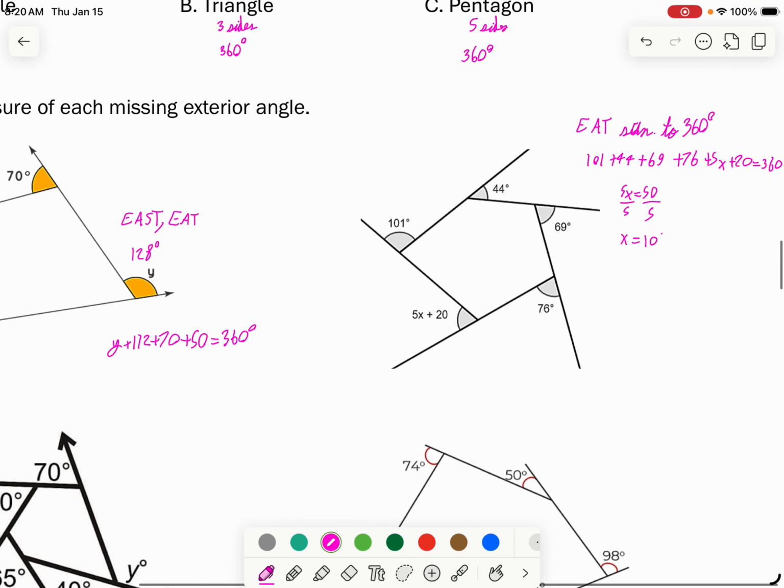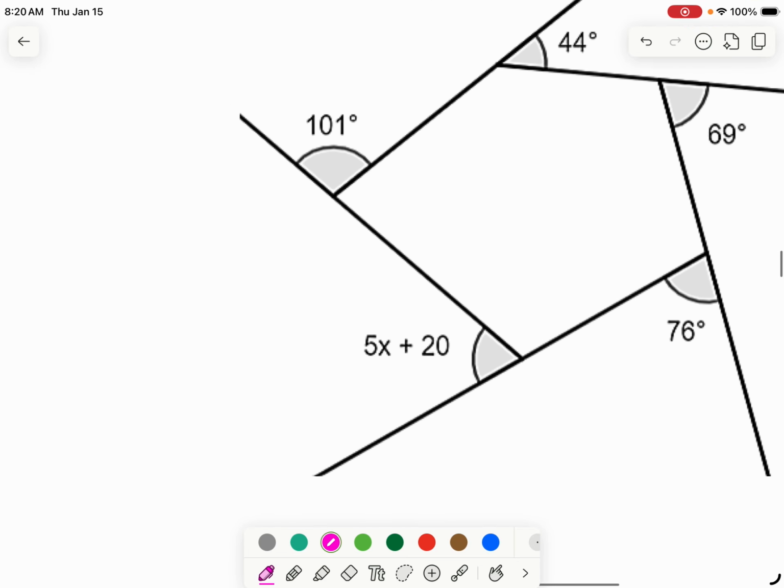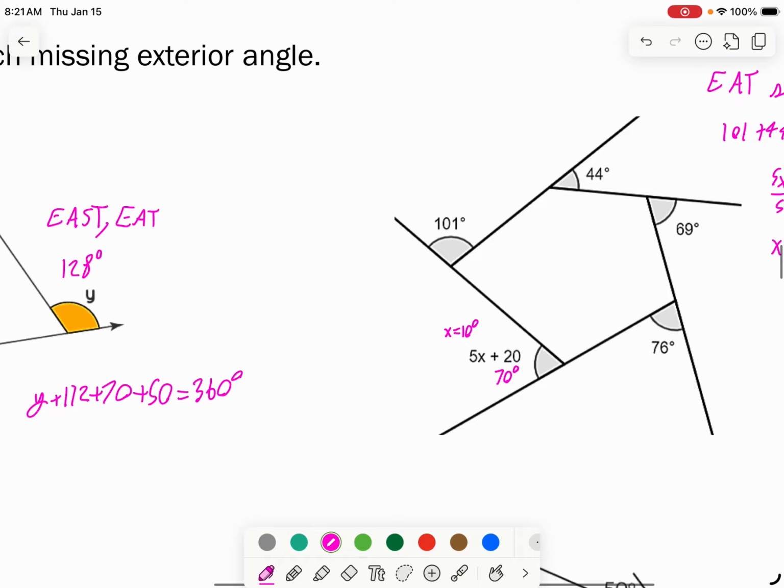So I can solve for x knowing that it's 10 degrees. X is equal to 10 degrees. And then I can plug it in to actually find out the size of that missing angle. 10 times 5 is 50, plus 20 is 70 degrees in total. So I know what x is, and now I know what that angle is.